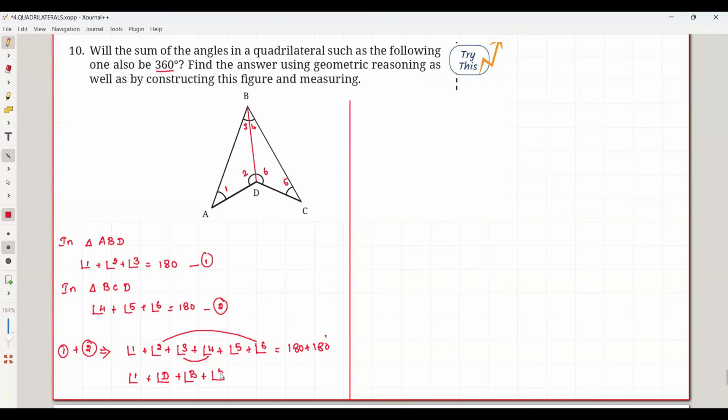Angle 5 is equal to 180 plus 180 is 360.